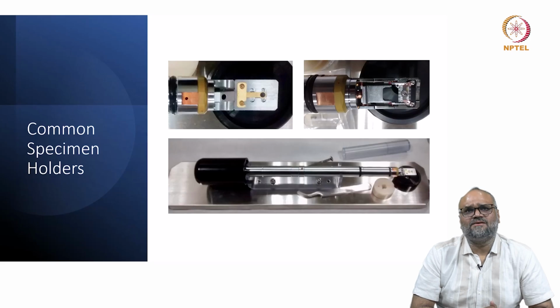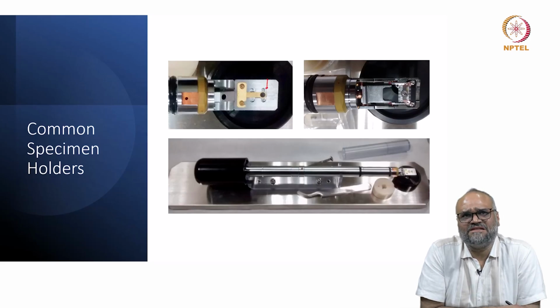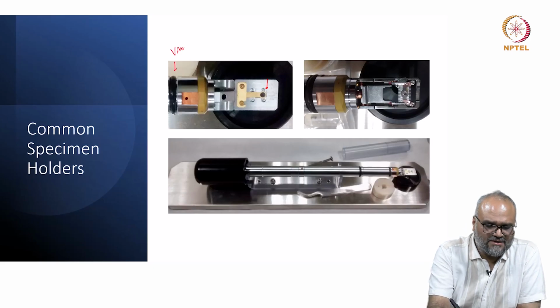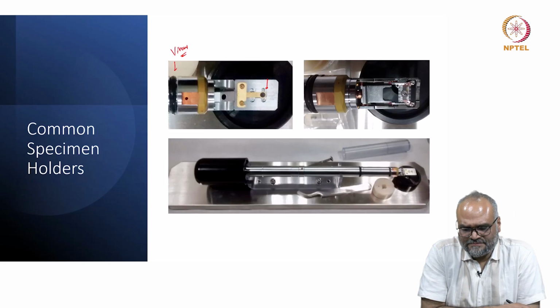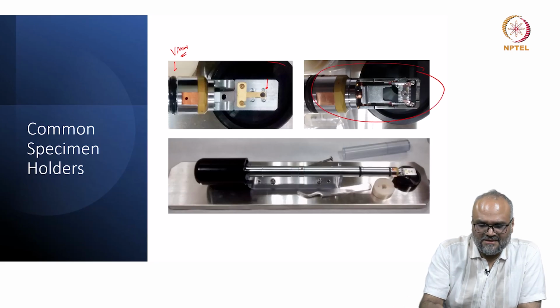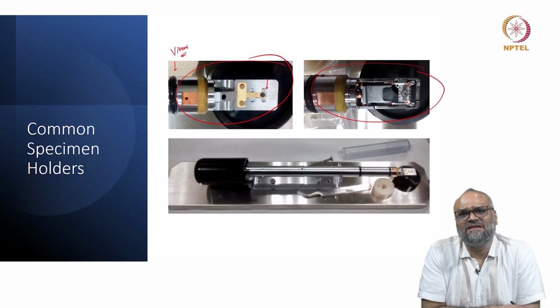So a few critical components of this are the bay where your sample sits. As you can see, there is typically a Viton O-ring. You should maintain this entire portion of the specimen, in fact the entire holder, extremely clean.